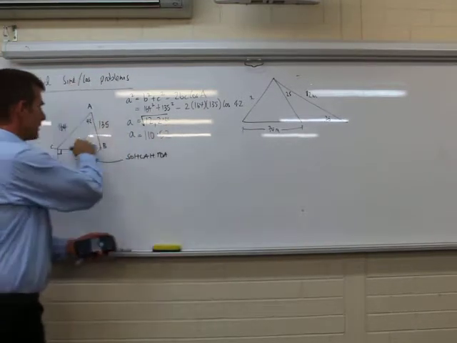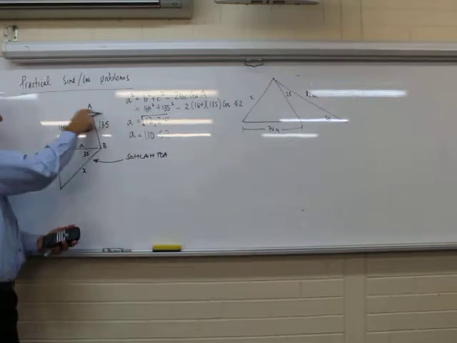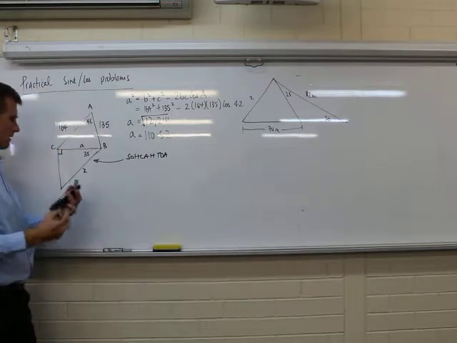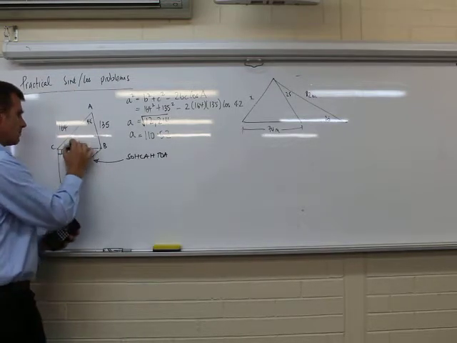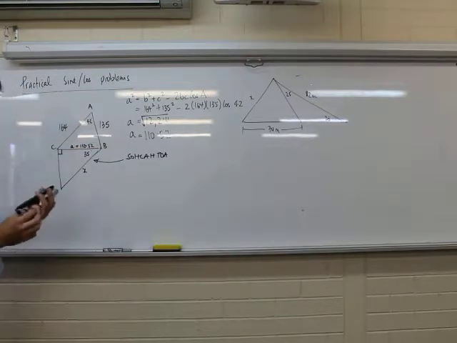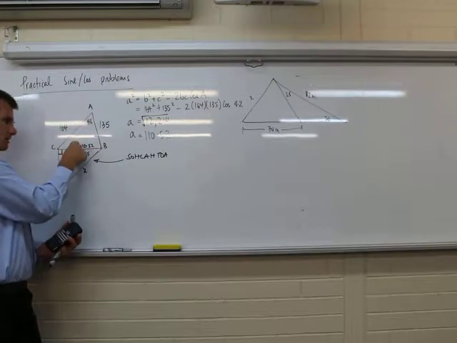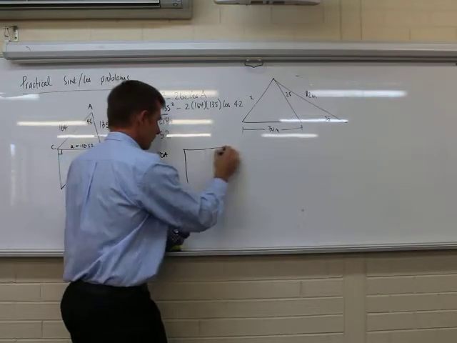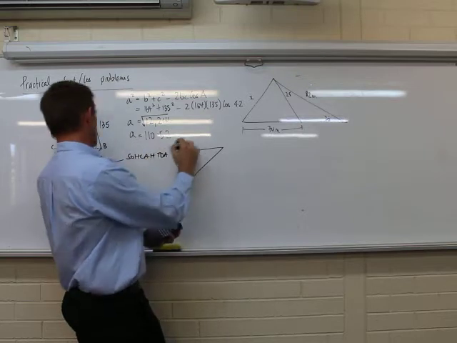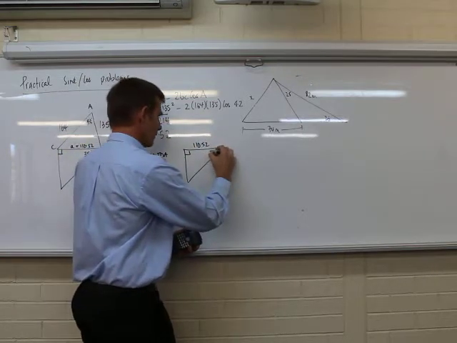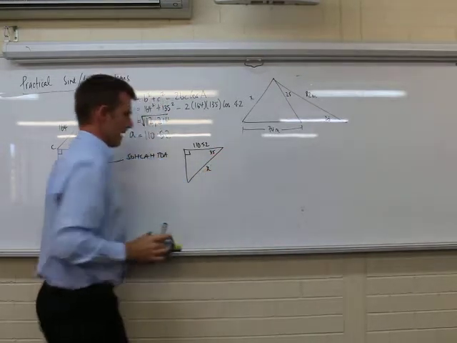Now that looks a bit more realistic in here, doesn't it? It fits the side lengths that I'm expecting. So I've got 110.52. Let me add that to my diagram. That's going to be A here. So now what I can do is just look in this triangle because that piece of information is there to link. If I just look in that right angle triangle, I've got 110.52 there. I've got 35 here, and I want to find that out.